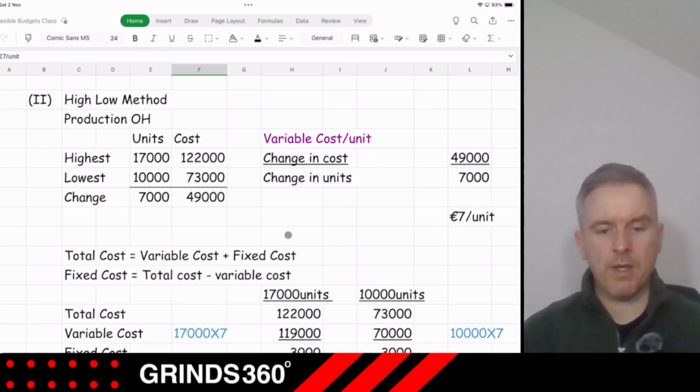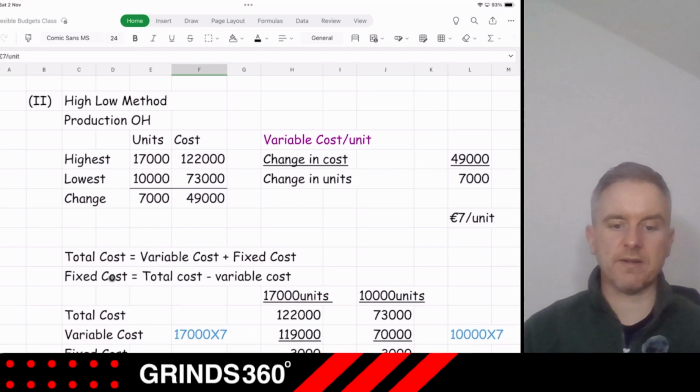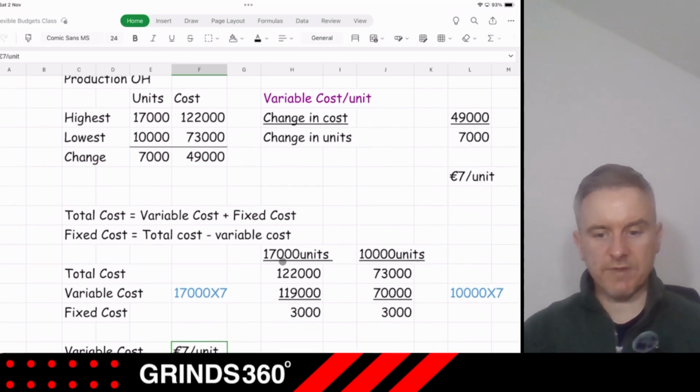Perfect, done. We come down then and we're trying to figure out what the fixed cost is. So the total cost is equal to variable cost plus fixed cost. Therefore, fixed cost is equal to your total cost minus the variable element. And we just need to set that up in a table. So we're saying 17,000 units, 10,000 units, put in the relevant cost, 122 and 73,000.